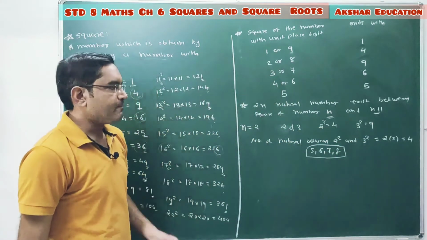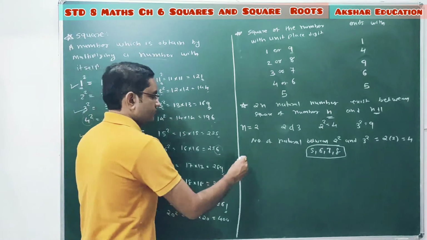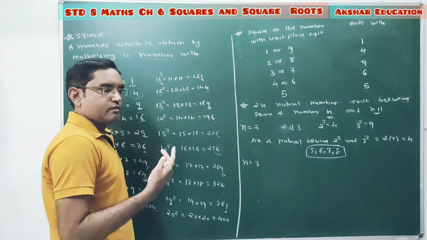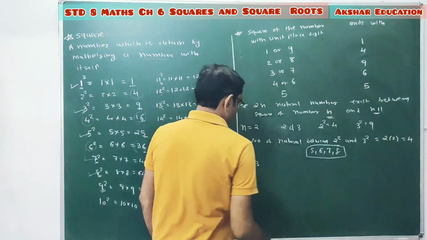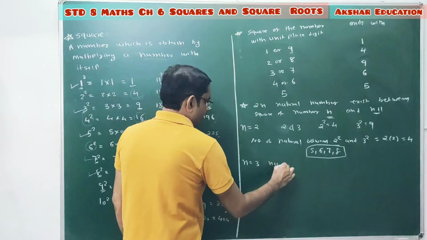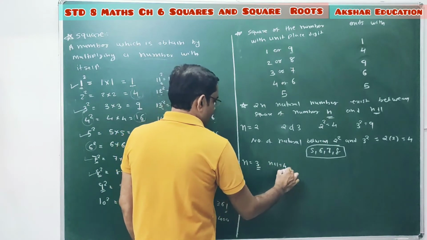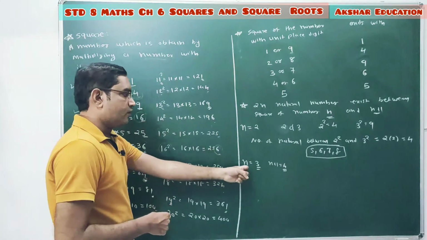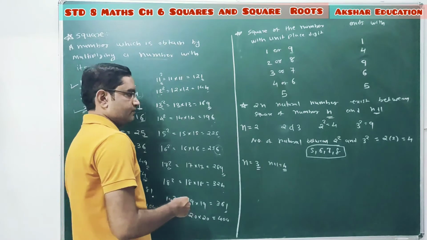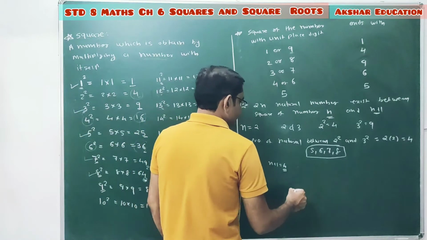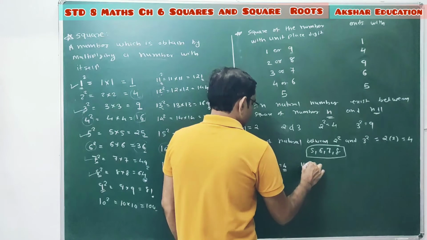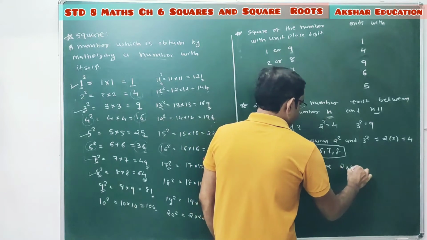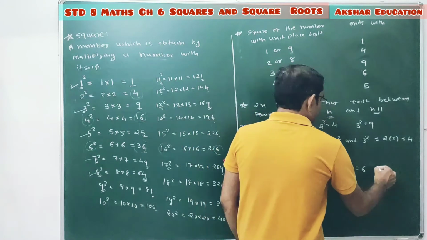Understood? Suppose we take n equal to 3. Now we are considering 2 consecutive natural numbers: n equal to 3 and n plus 1 equal to 4. Between 3 square and 4 square, how many natural numbers are there? It's 2n, so 2 threes are 6 natural numbers.